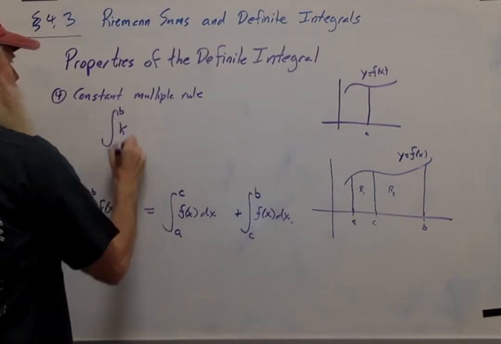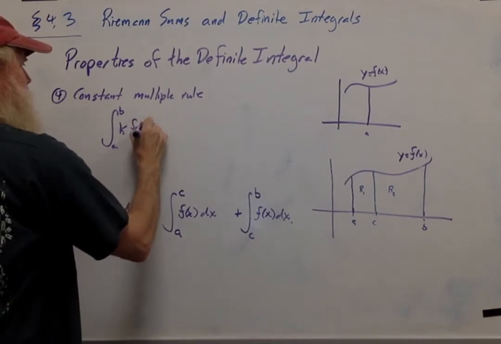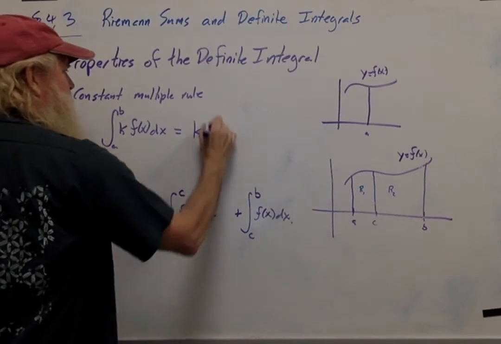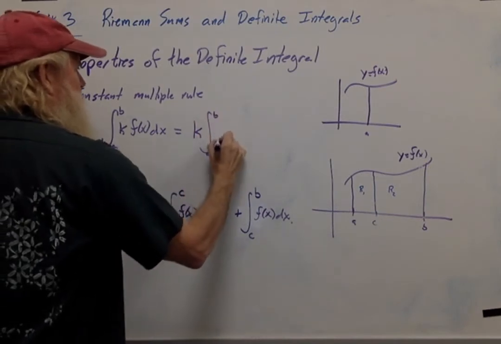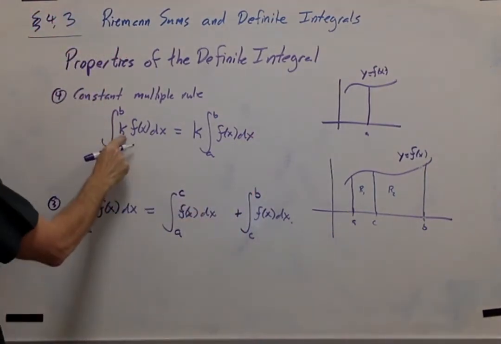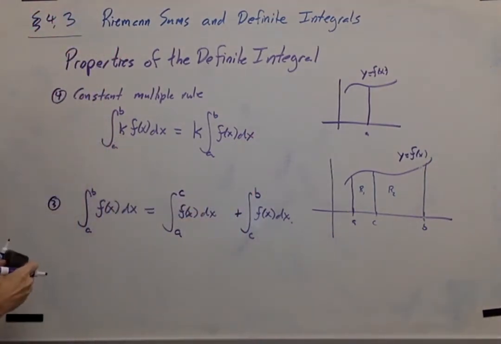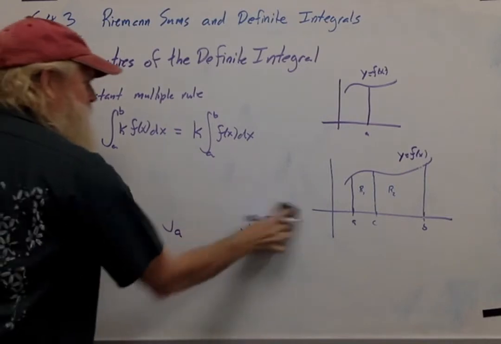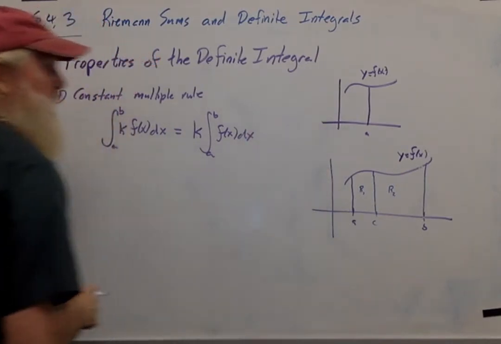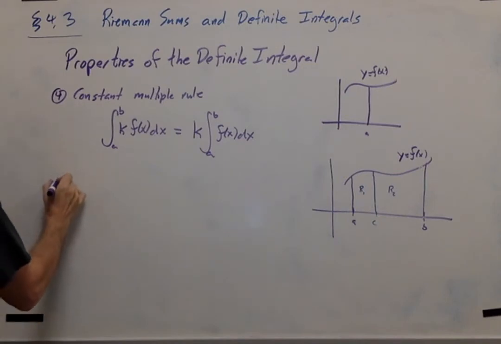The definite integral from a to b of a constant times a function of x is the same as the constant times the integral from a to b of the function. So you can take a constant and factor it in front of a definite integral. We've seen similar properties for limits and for derivatives and for antiderivatives.